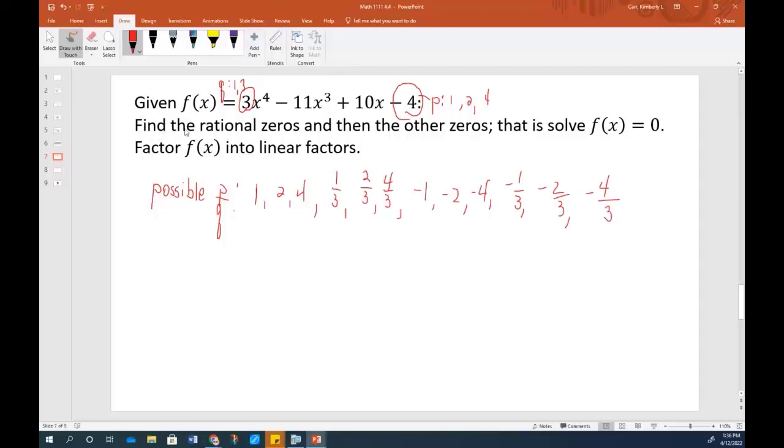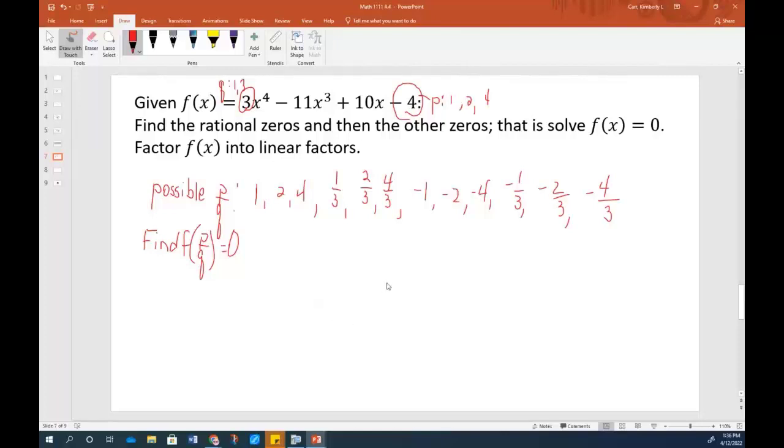Now we need to find the actual rational zeros. The way we do that is we plug these numbers into our function and find out where it equals 0. When it says find the rationals, what we're actually looking for is to take that P over Q, plug it into our function f, and find out where it equals 0.